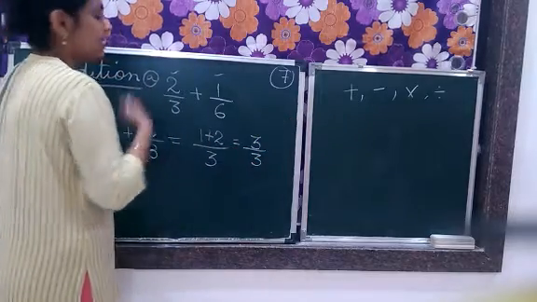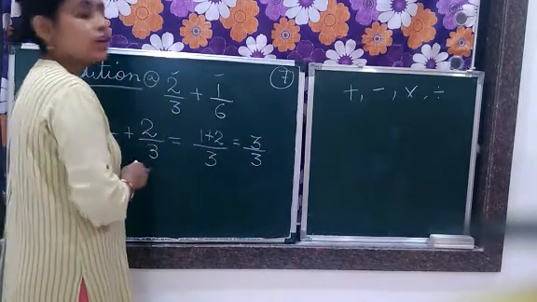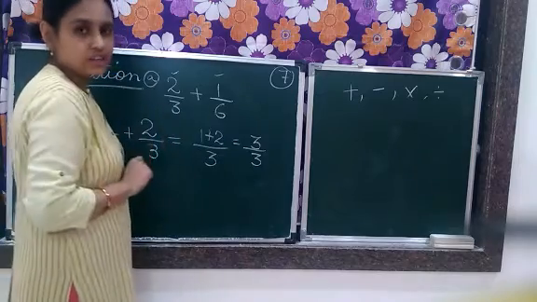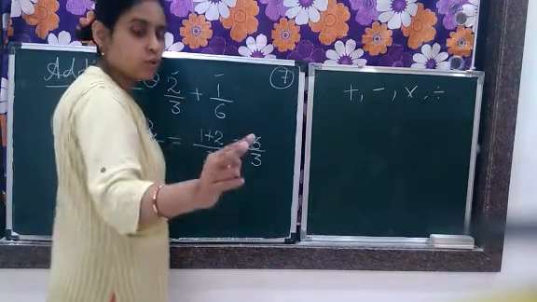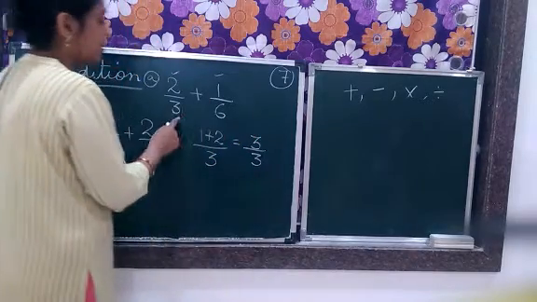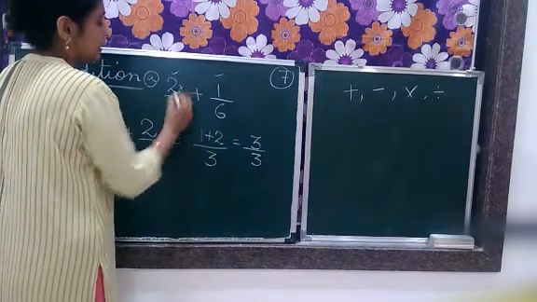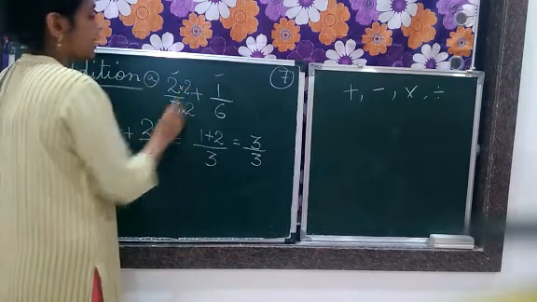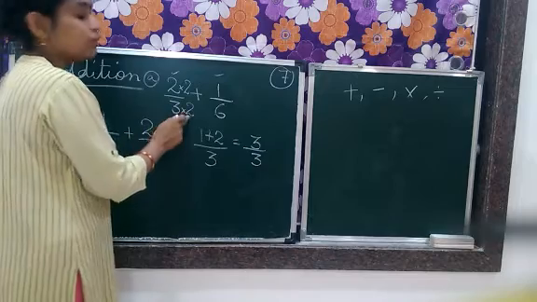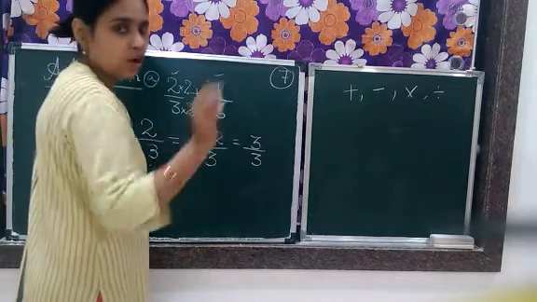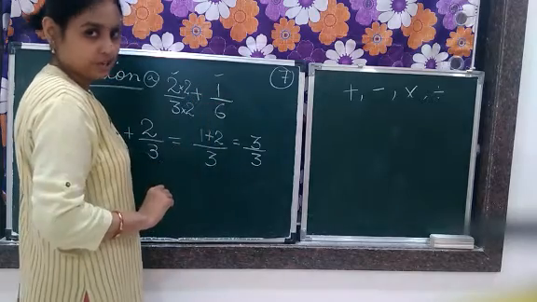So here let's make the denominators common. How to make the denominator common? Since there are only two rational numbers, you can simply interchange and multiply. But here, if you multiply this rational number by 2, 3 twos will give you 6, which is already the denominator of the second rational number.